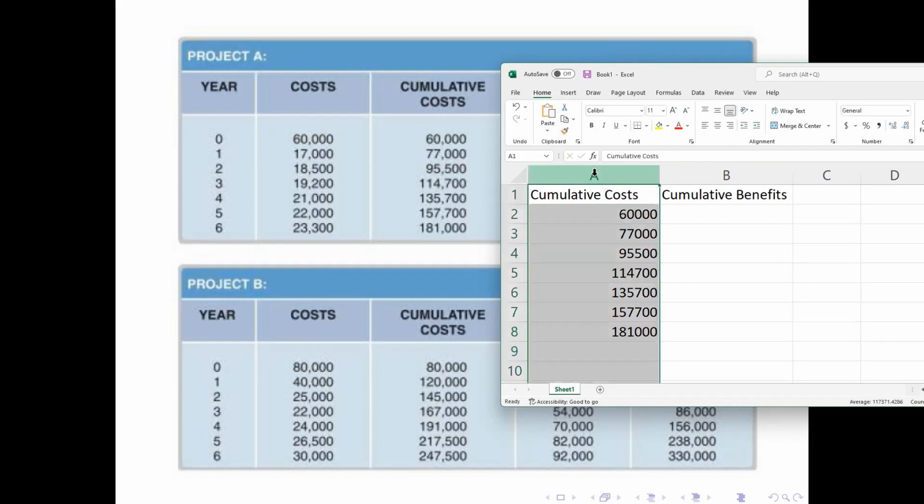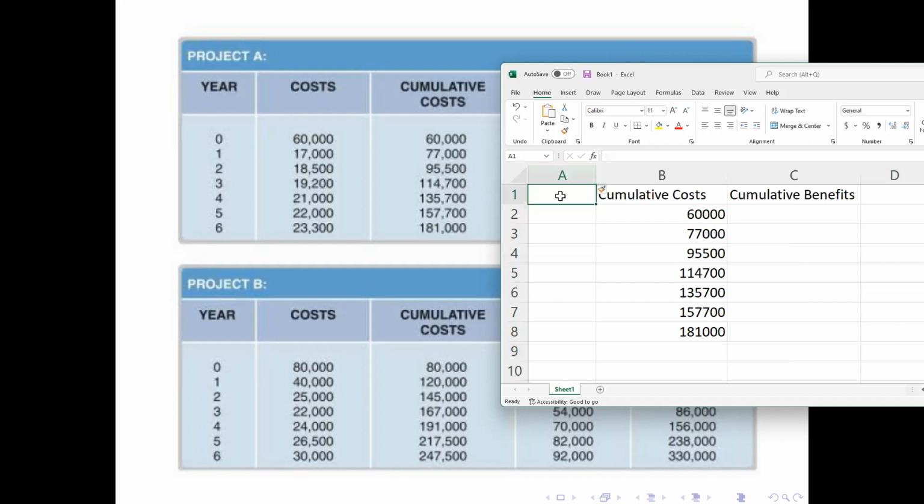If you need year number, you can have that one as well. For example, I can put years, right? This is the first 0, 1, 2, 3, 4, 5, 6.